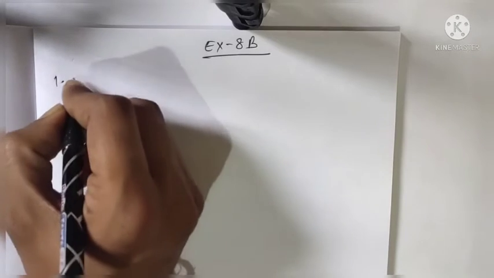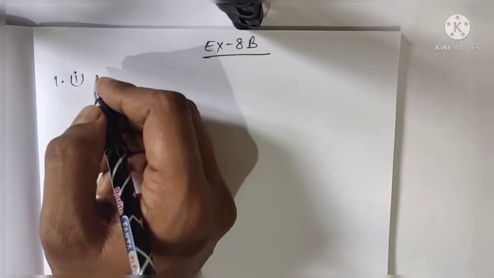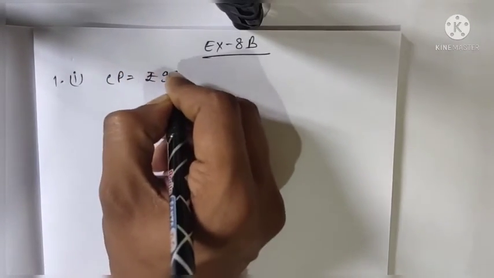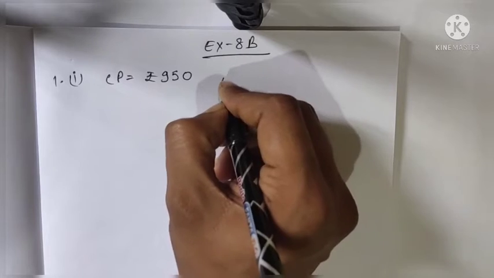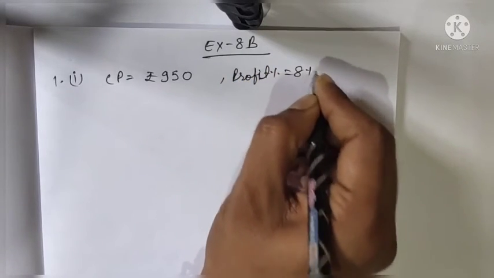Just look at question number 1 of 1. The question is, we have to find the selling price if CP is equal to rupees 950 and profit percent is equal to 8%.